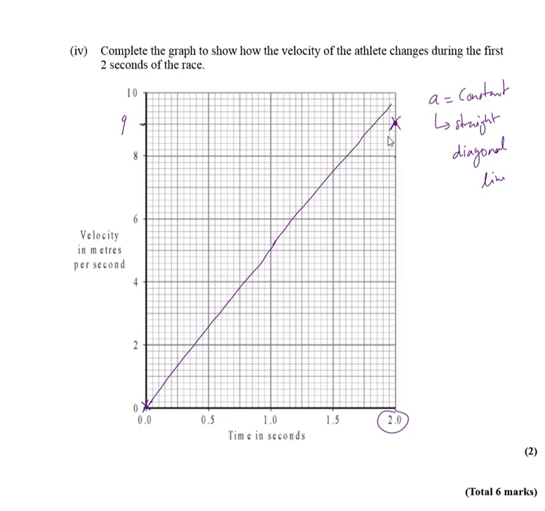Okay, yeah, that's not great. Okay, maybe a straight line, so something like this. Yeah. So do use a ruler for this one. That's 2 marks. You get 1 mark for when it goes through the origin, and the other mark is pretty much when it's a straight line that passes through this point here.